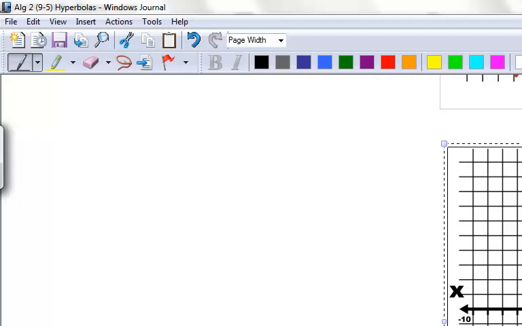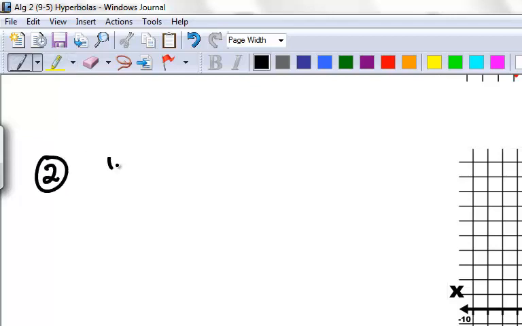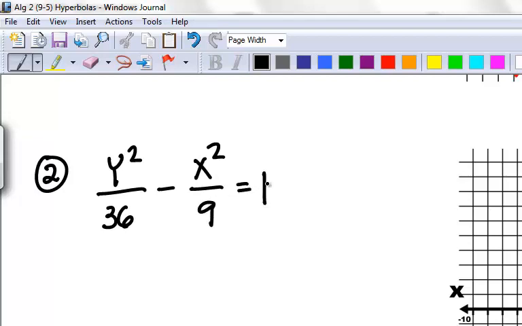Okay, so number 2, let's graph y squared over 36 minus x squared over 9 equals 1. Okay, so these are at the origin because it's y minus 0 squared, x minus 0 squared. So I'm going off the origin.